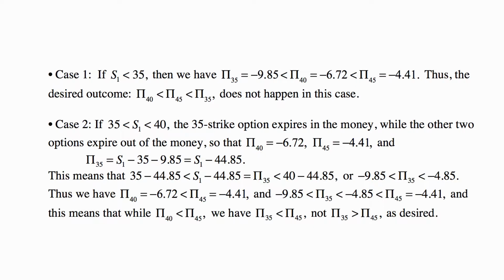So we have pi 40 is negative 6.72, which is less than pi 45, which is negative 4.41, and pi 35 is between negative 9.85 and negative 4.85, and that's less than pi 45. This means that while pi 40 is less than pi 45, we have pi 35 less than pi 45, not pi 35 greater than pi 45 as desired, so no, we don't get what we want in this range of prices either.